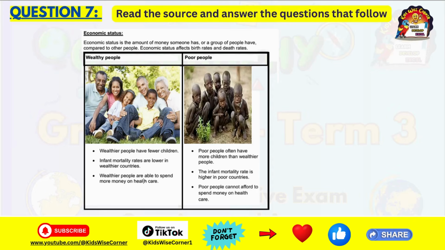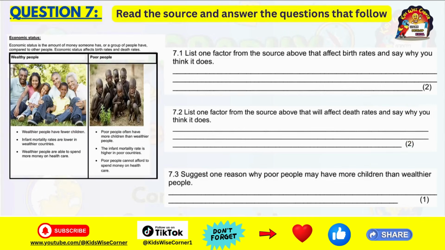Infant mortality rates are lower in wealthier countries, and wealthier people are able to spend more money on healthcare. Poor people often have more children than wealthier people. The infant mortality rate is higher in poor countries, and poor people cannot afford to spend money on health care.